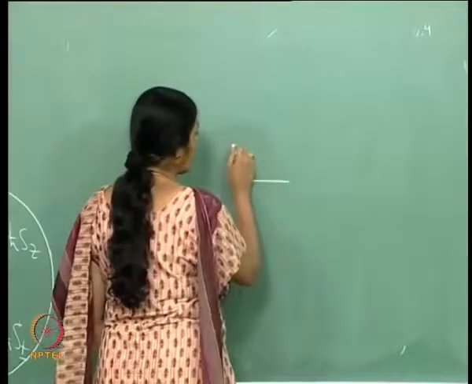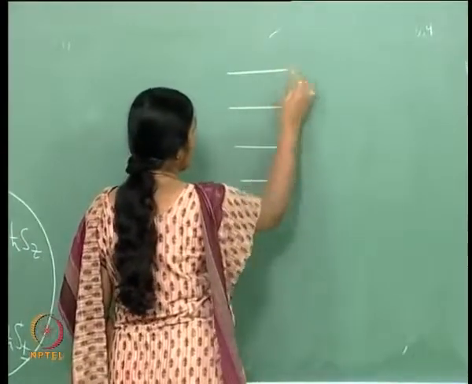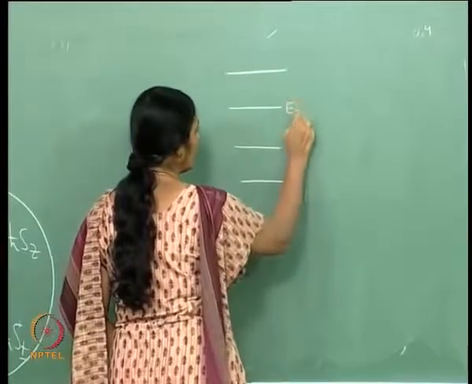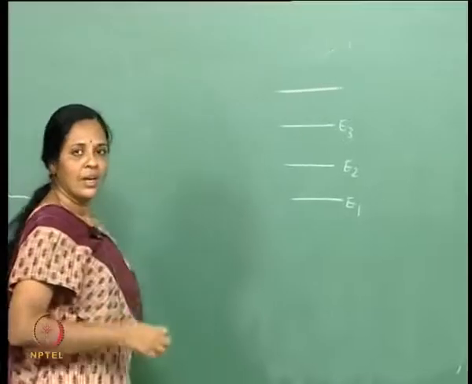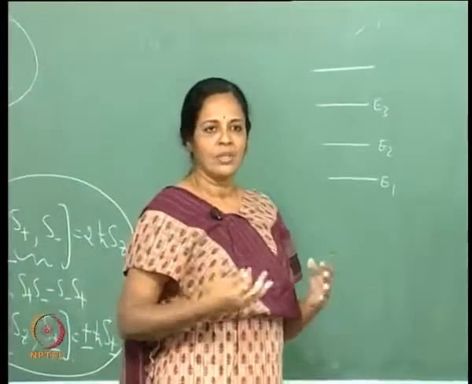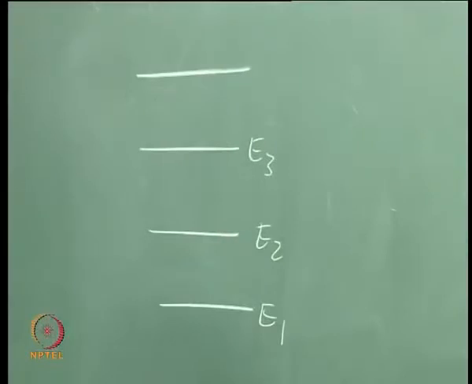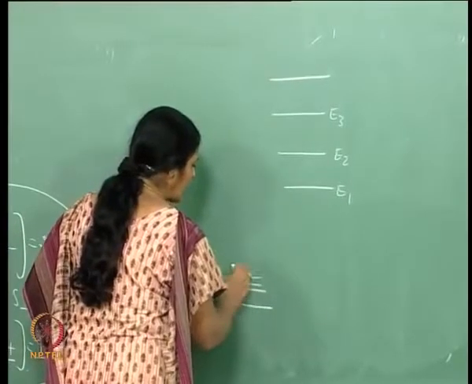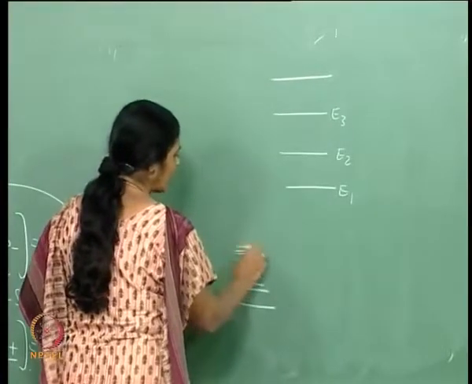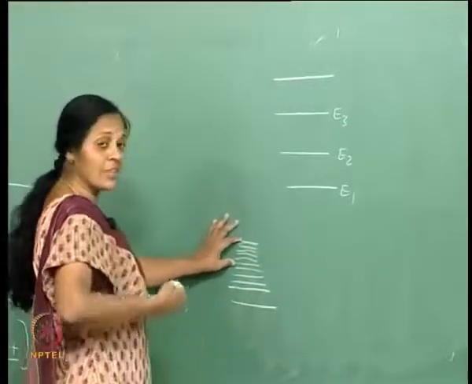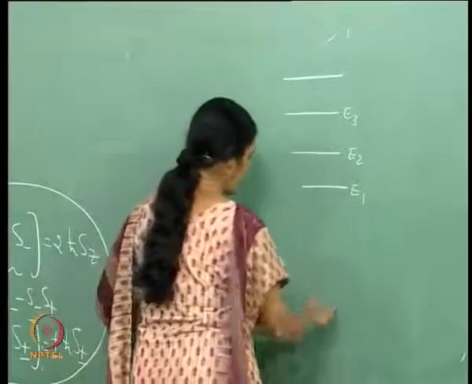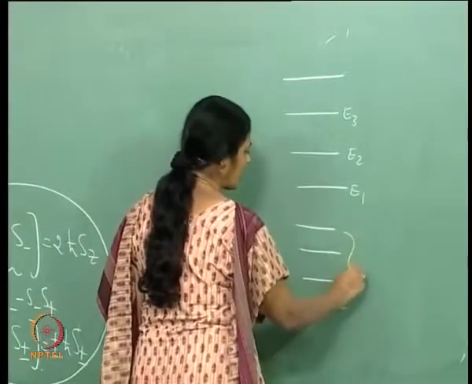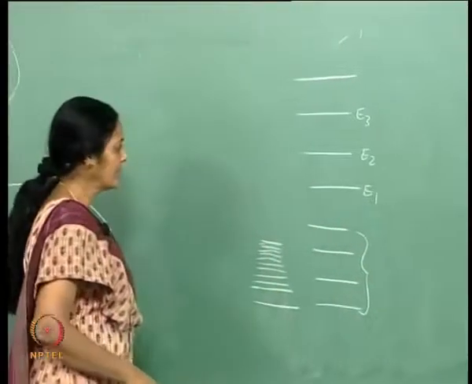So not all energy values are allowed, but energy values, say E1, E2, E3, E4 and so on, are the allowed energy values for a given quantum system. In the case of the hydrogen atom, these values are unequally spaced, and as you go to higher and higher energy levels, they are so close they look almost continuous. In the case of the linear harmonic oscillator, these energy levels are equally spaced.